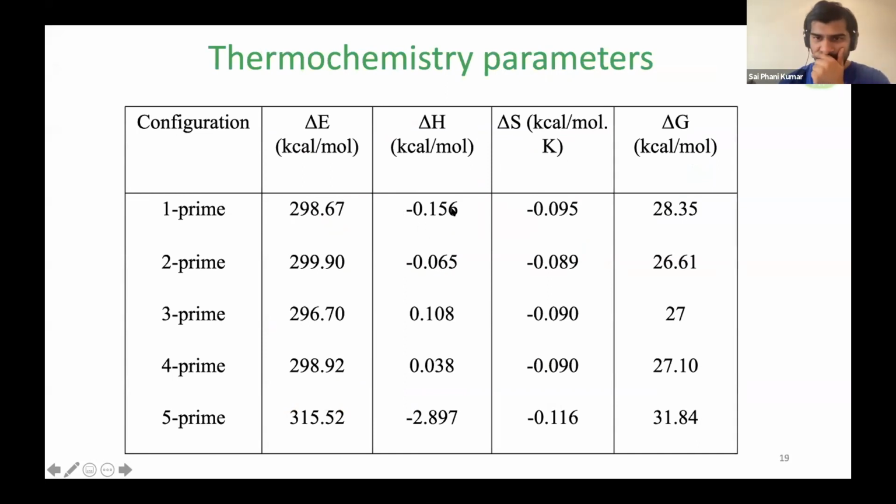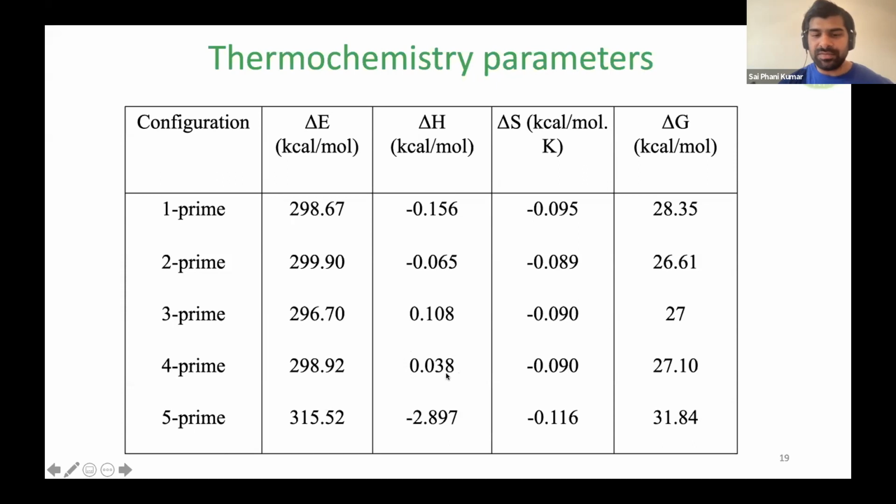That is obvious. So from the enthalpy of formation, I must say that we are moving in the right direction. But you can see that the interaction with 4 prime is an endothermic process, which means it requires energy to be given to the system.